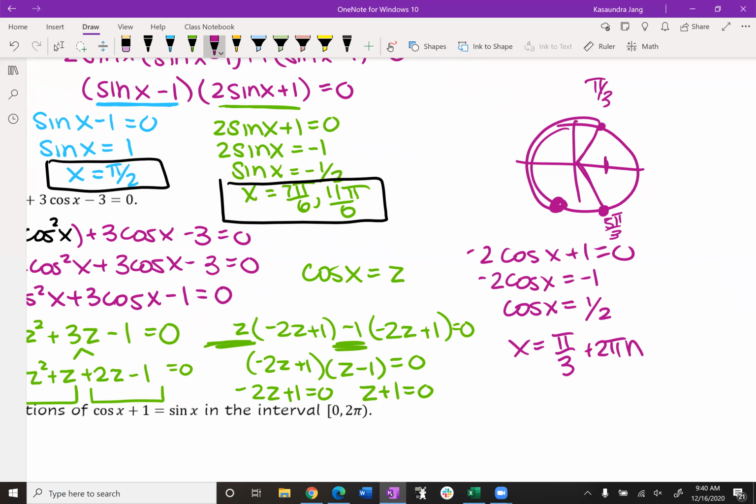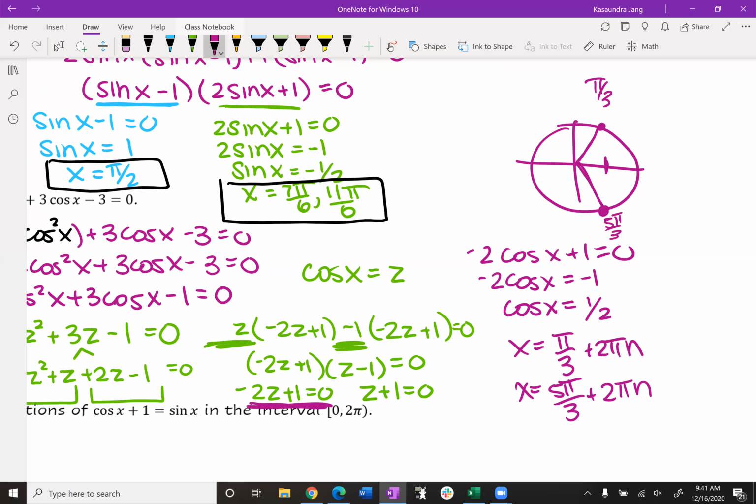That was not where one of my solutions was. So I didn't do 1 pi, I added 2 pi. And then I'm gonna do the same thing for my 5 pi thirds. I'm gonna add every full circle, 2 pi times n. All right, so that was from this first factor that we set equal to 0.